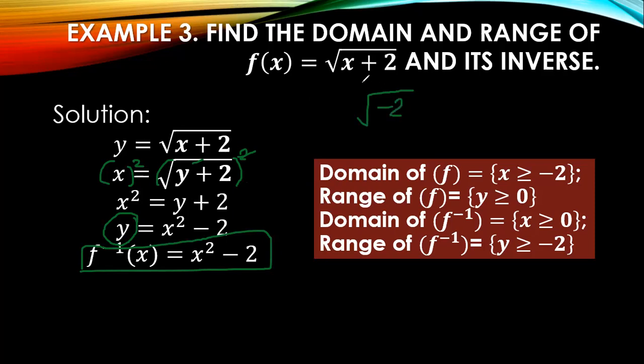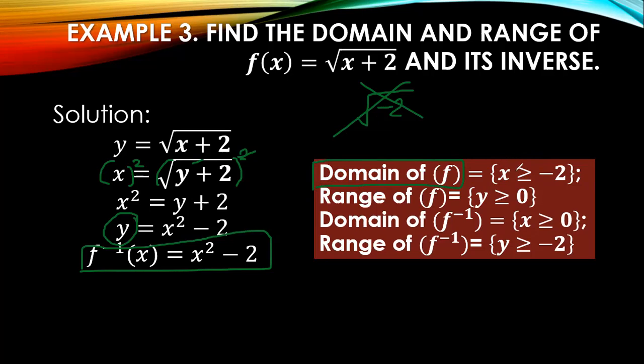So, this is not a real number na. So, imaginary na lang po yan. So, hindi po pwede na magkaroon ng negative value sa loob ng radical sign. Thus, ang pwede mo lang isubstitute dyan, and that is called the domain. Yun lang yung possible values of x.